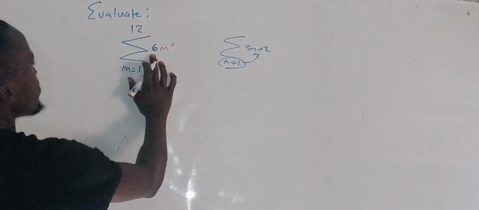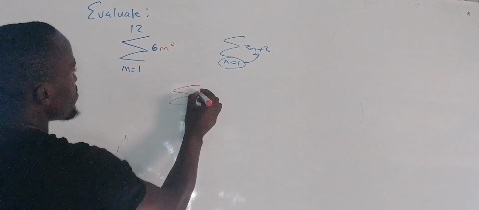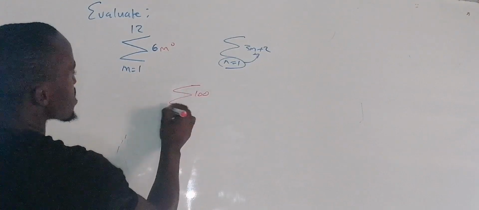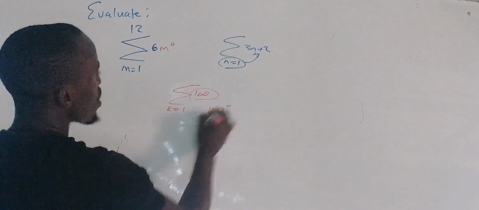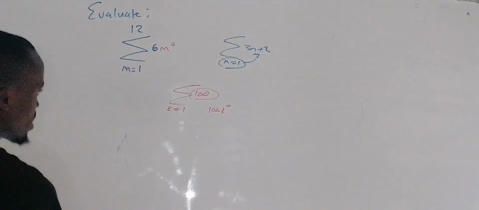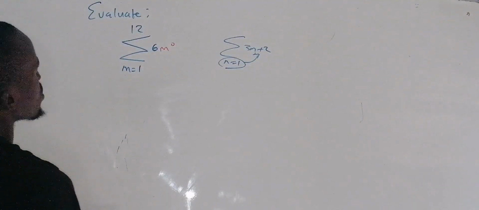So here it becomes 6n to the power 0. Meaning that if they give you a number here, then use this. So for example, they give you 100, then here it's k equals 1. The general formula will be 100k to the power 0. I don't know if you understand that. Then you can use it to generate what? The pattern or the sequence, the series.